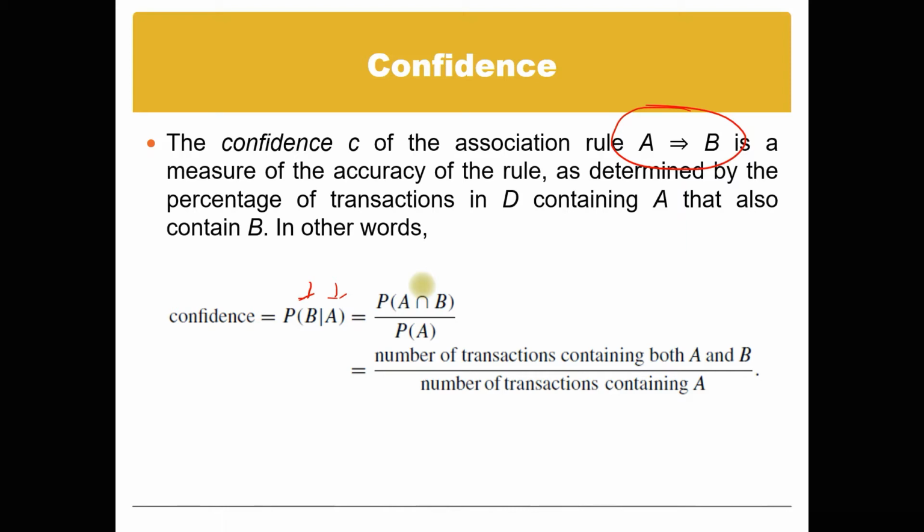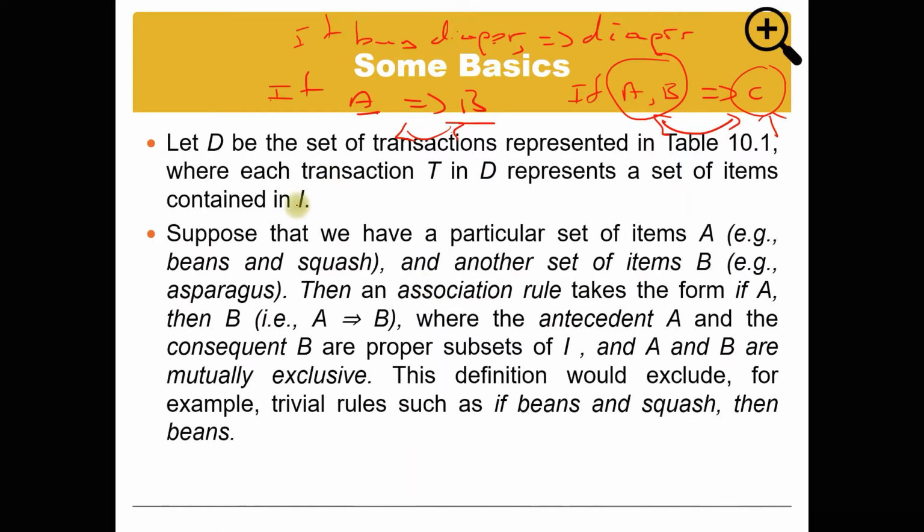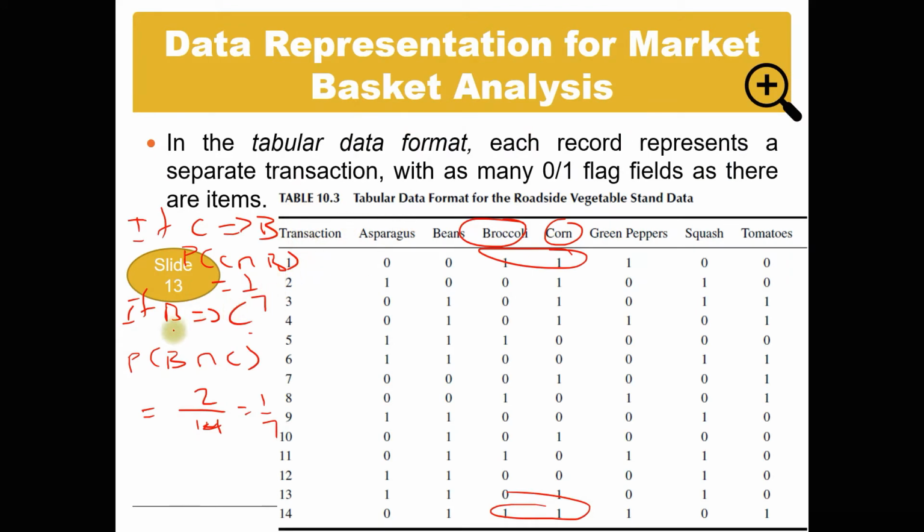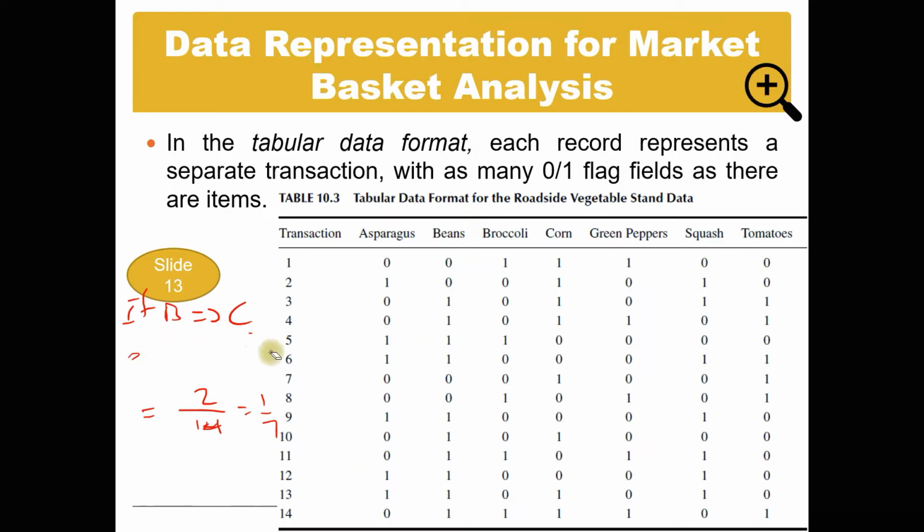So, if we come here, again, let's suppose, if I buy broccoli, then buy corn. What is the confidence?